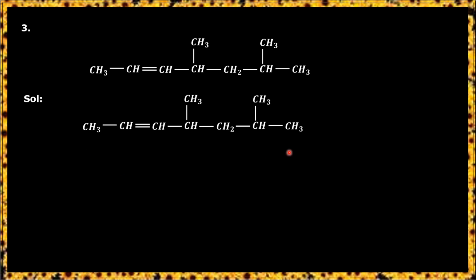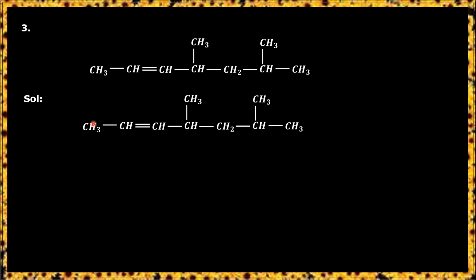So this is the longest chain of carbon atoms including the double bond, and we have to number the carbon atoms in this longest chain either from left to right or from right to left. So which way of numbering is correct?